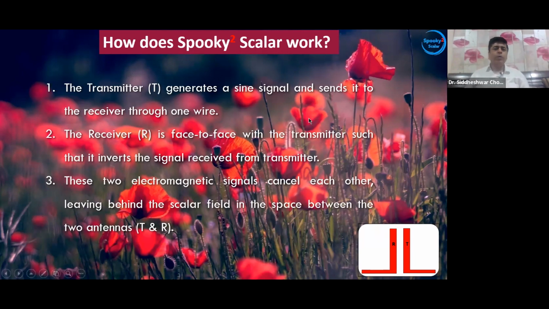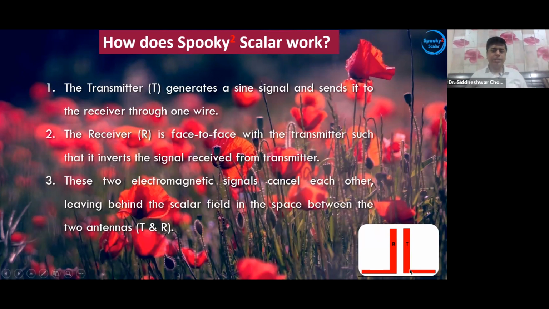So as I told you, when we purchase the Spooky2 scalar, we get two boxes with it. One is the transmitter, as I described in my starting slides. That transmitter generates a sine signal and sends it to the receiver through one wire, right?